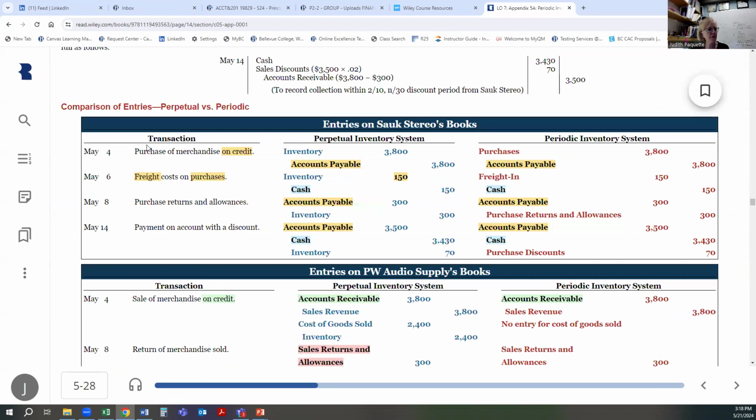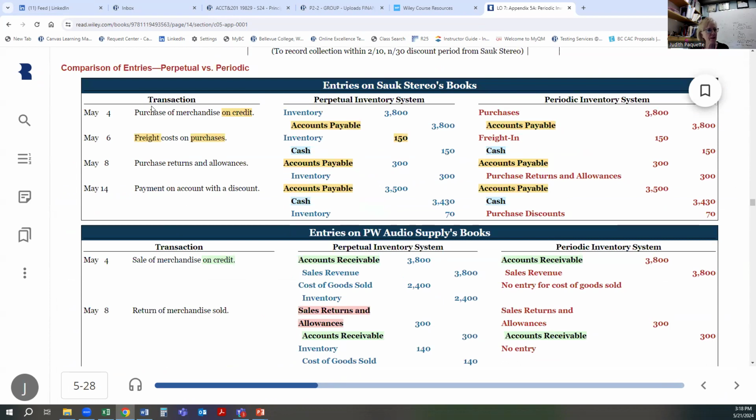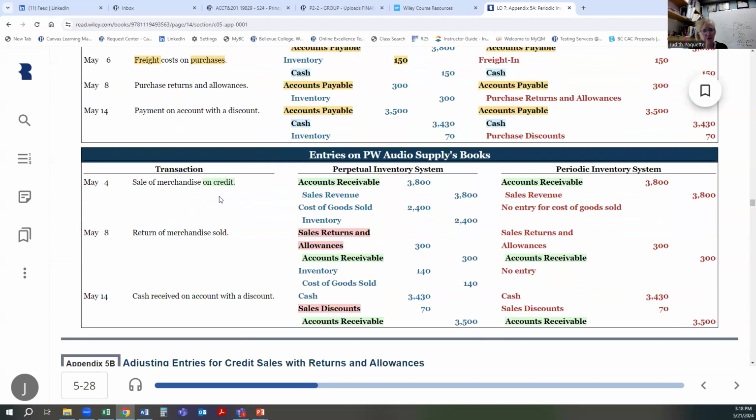But here you have purchases at the top. Here's perpetual, here's periodic. Sales transactions, so here's the purchases, purchase, freight, purchase returns, payment. And then here you have sale, return, and cash, perpetual system and periodic system.